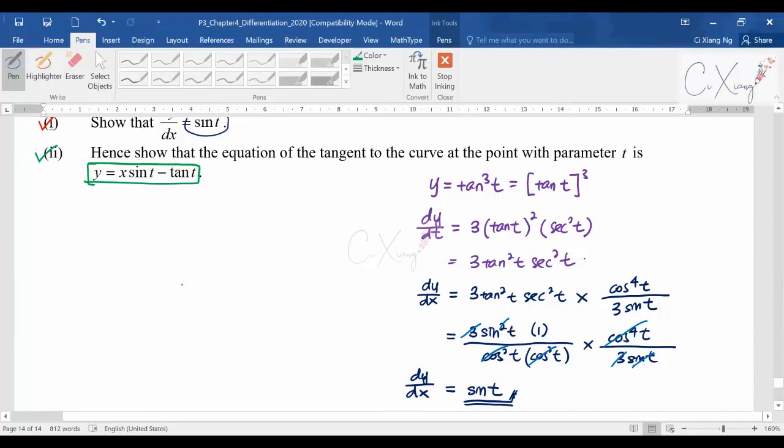For this question, they didn't tell you the value of t that they want to use, they only ask you to find the equation of tangent. So if they didn't tell you the value of t, generally you just substitute something general. So the dy dx is the gradient of tangent.